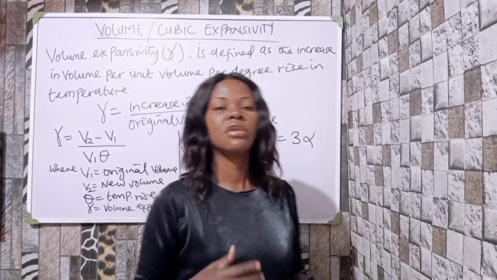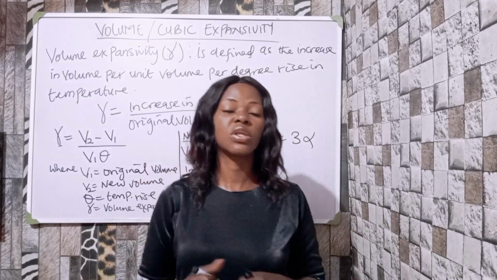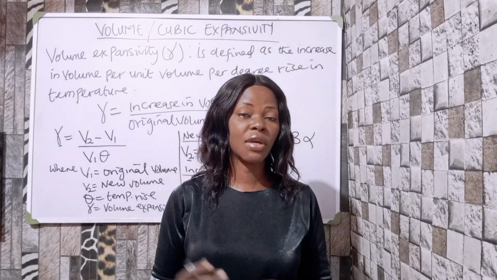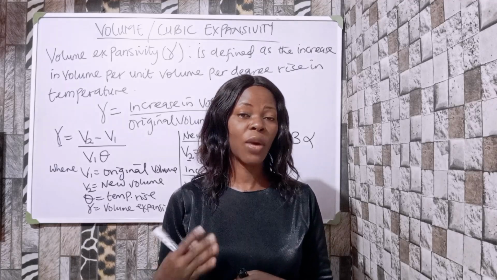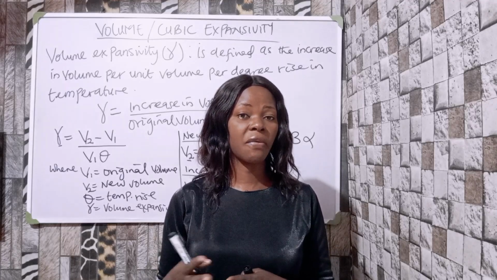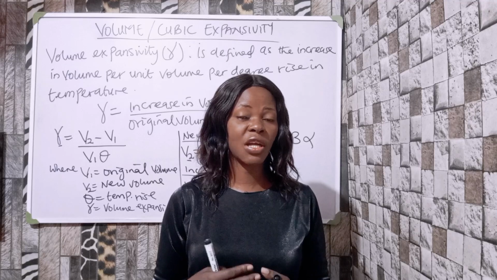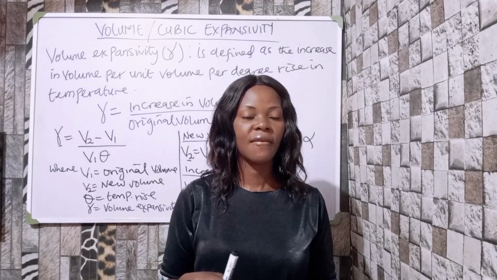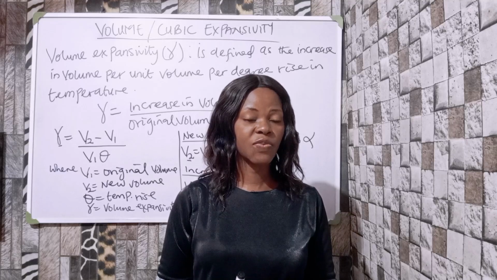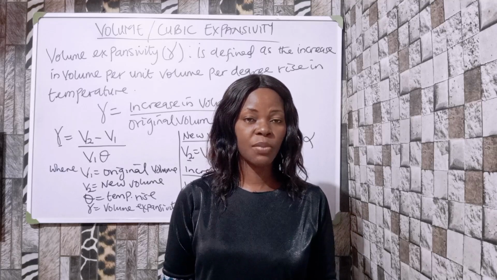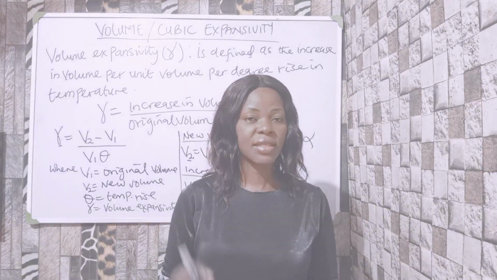Alright, so this volume expansivity is also the same thing as cubic expansivity, that you're dealing with a cube. If you are given one side of the cube, you have to cube it, you have to raise it to the power of 3 to get the value for the original volume before you solve your problem. So let's look at some examples on area and volume expansivity to be able to explain more on how we can do that. Stay tuned.